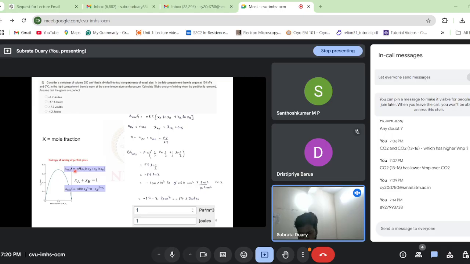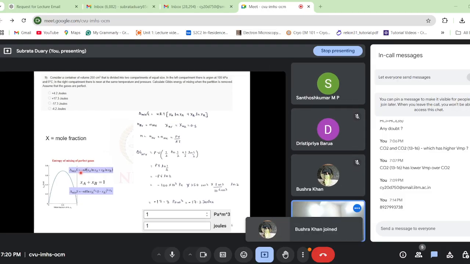Any confusion or anything? So for anything to be mixing, it has to be delta G negative and delta S positive. So these are the two formulas from where you can get how this delta G and delta S basically work. So for mixing, delta G will always be negative and delta S will always be positive.